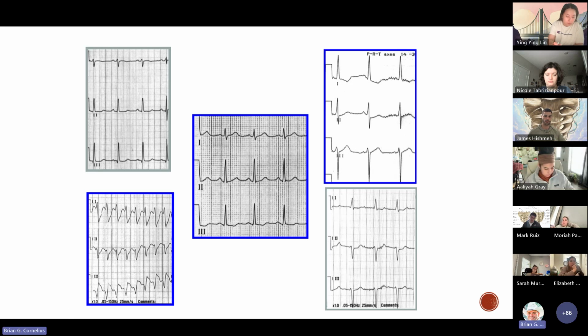All right, so let's take a look at this top left EKG here. What do I see? So lead 1, do we think it's upright or negative? It looks negative to me, right? So the R wave is pointing down. All right, so I'm already kind of narrowing things down.